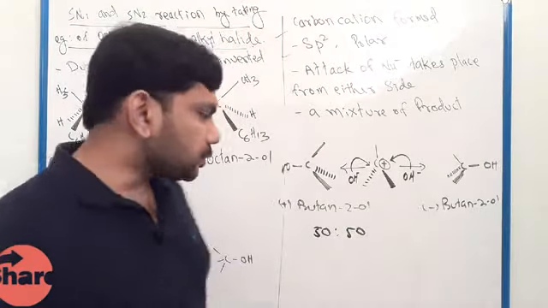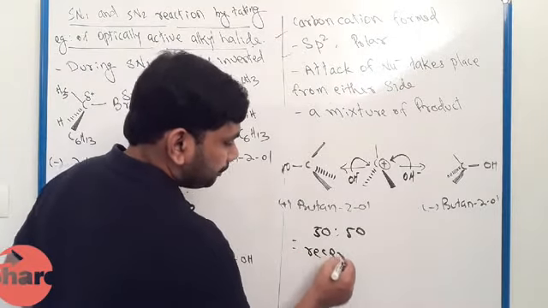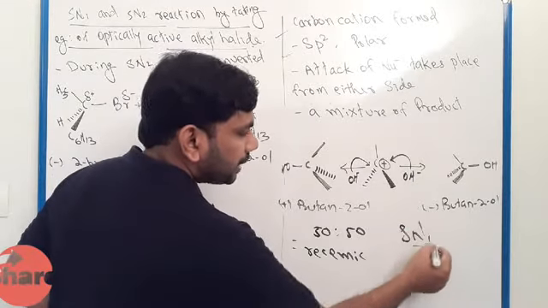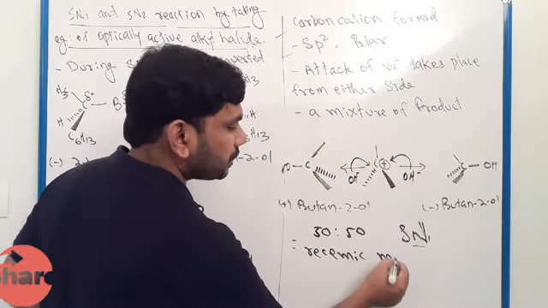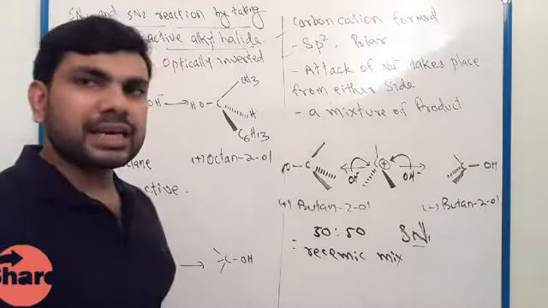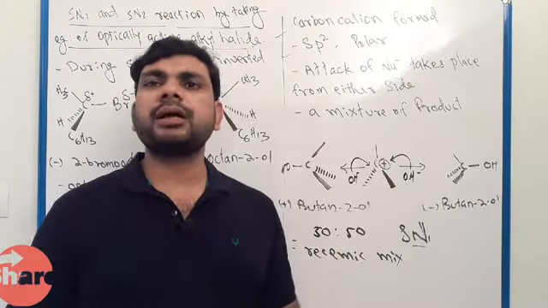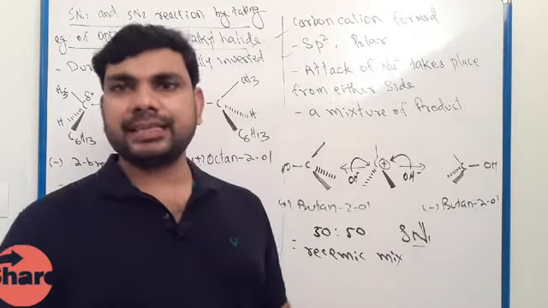That's why we say this is a racemic mixture. In the SN1 reaction, a racemic mixture is formed. These two products are enantiomers.